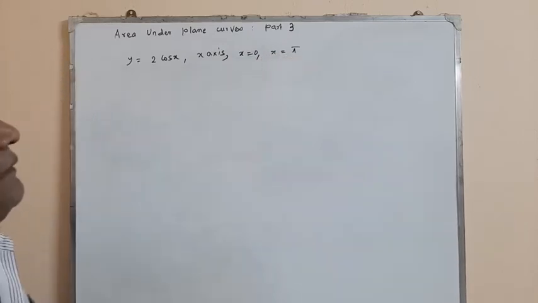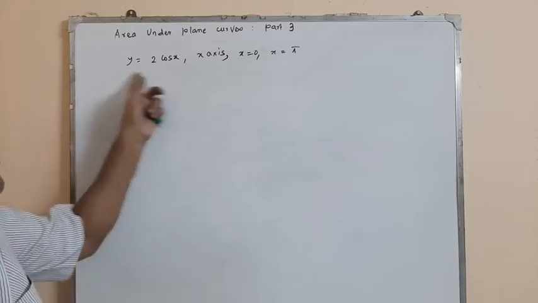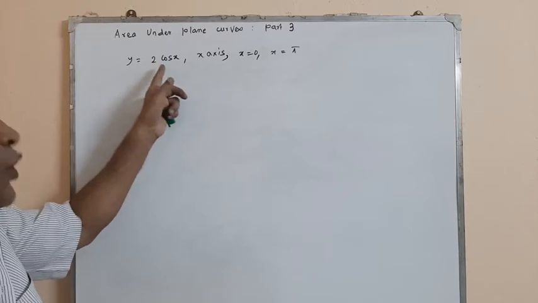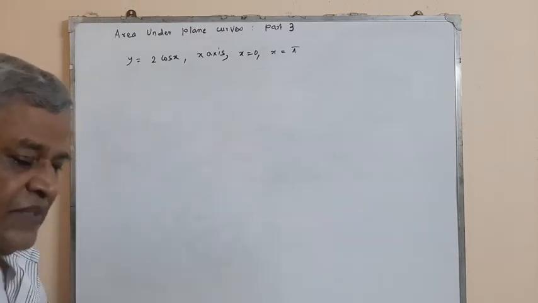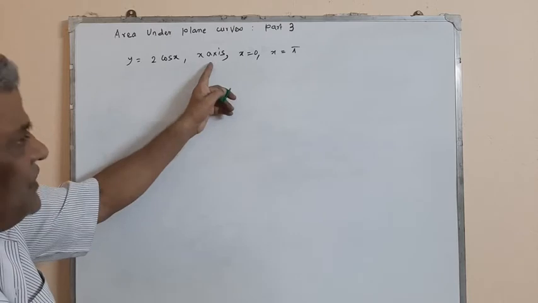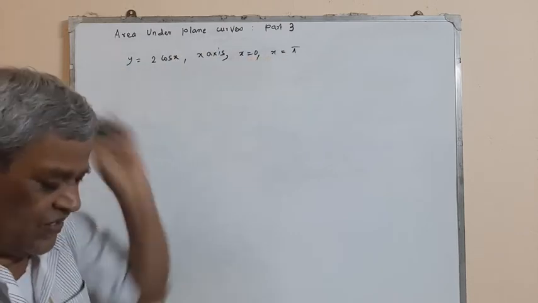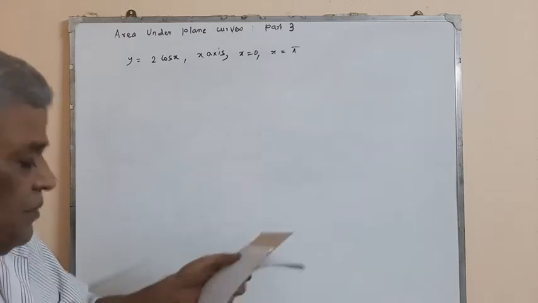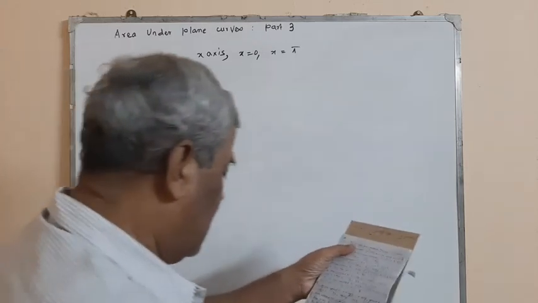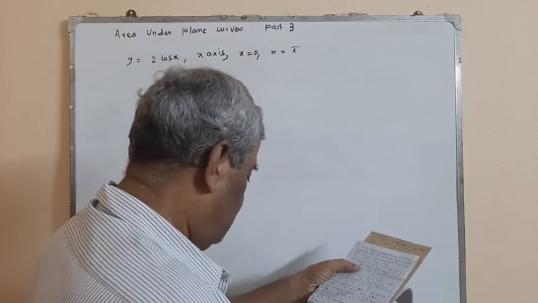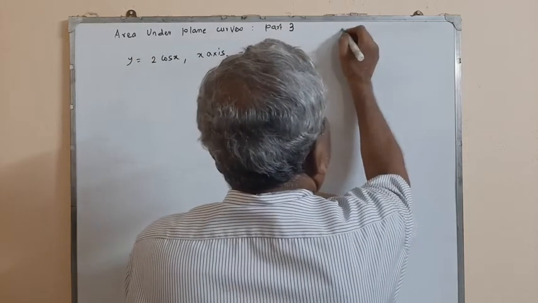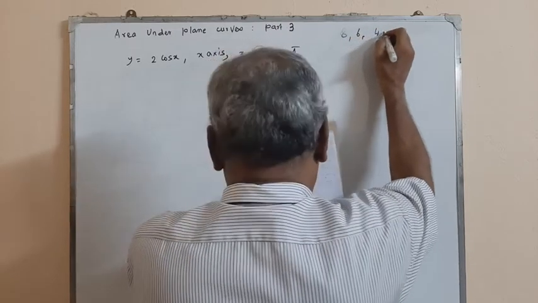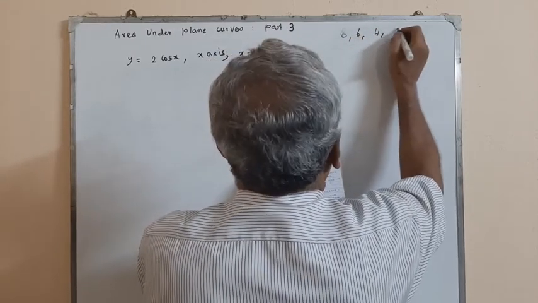So we have to find the area of the region bounded by that. Of course, y is equal to cos x or y is equal to 2 cos x is known to us, and the others are straight lines. So drawing that is very simple. The options are 8, 6, 4 and 2.